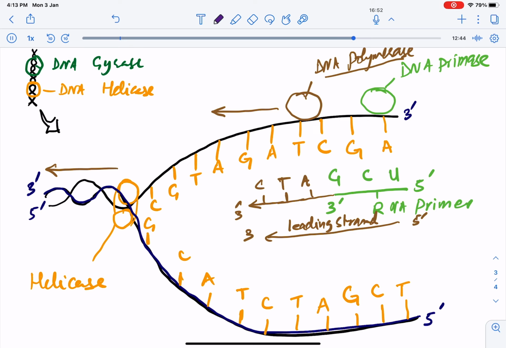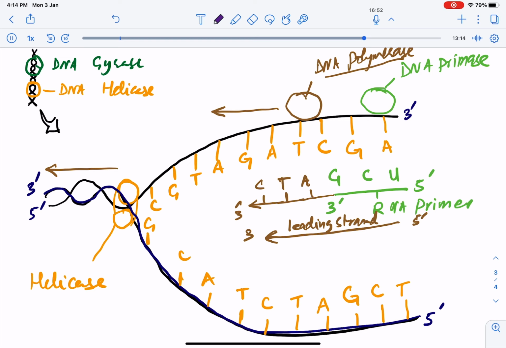However, on the other end, the newly synthesized DNA strand is formed in fragments, as the newly synthesized chain will always add new nucleotides in 5' to 3' direction, and it would be complementary to the template strand.